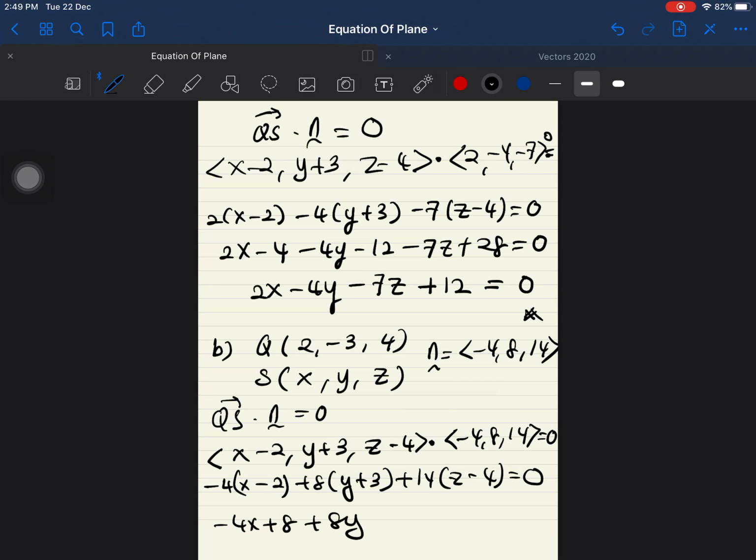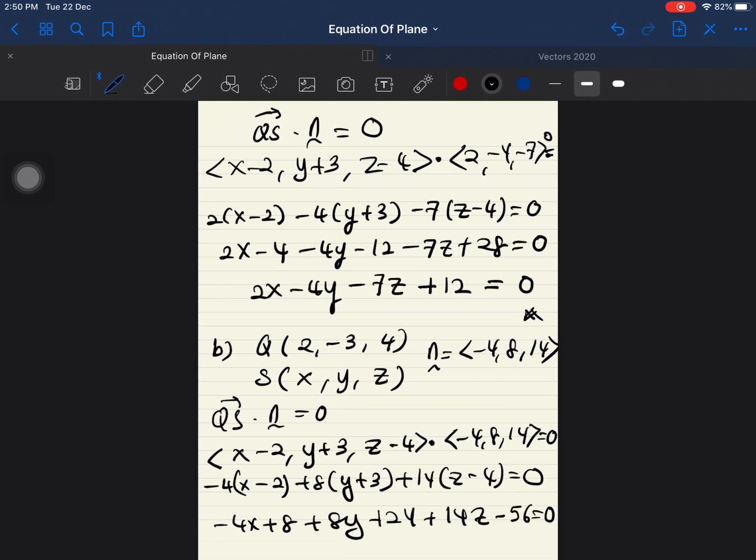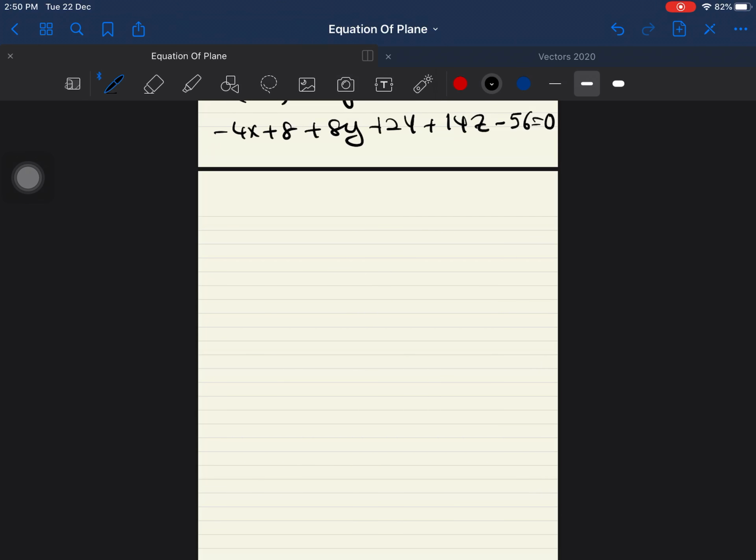So negative 4x plus 8 plus 8y plus 24 plus 14z, so 14 multiplied by 4 minus 56 is equals to 0. So therefore, okay, we can simplify more.